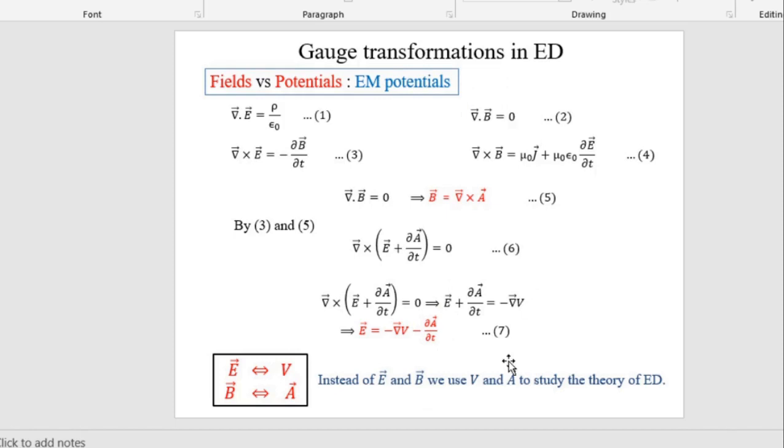Therefore obviously we will be interested in these potentials. From now on we will consider these potentials only and will not bother about the fields.